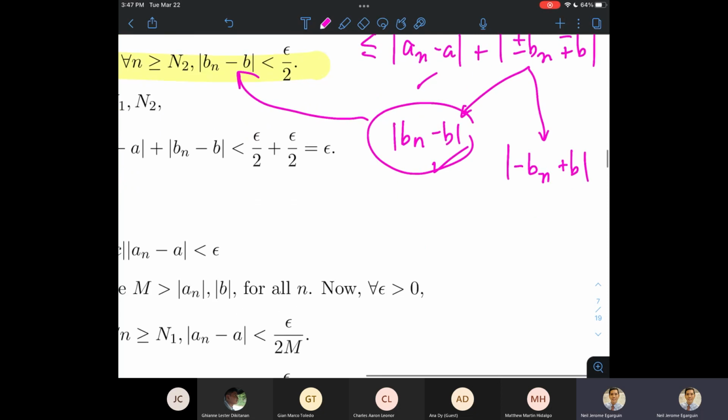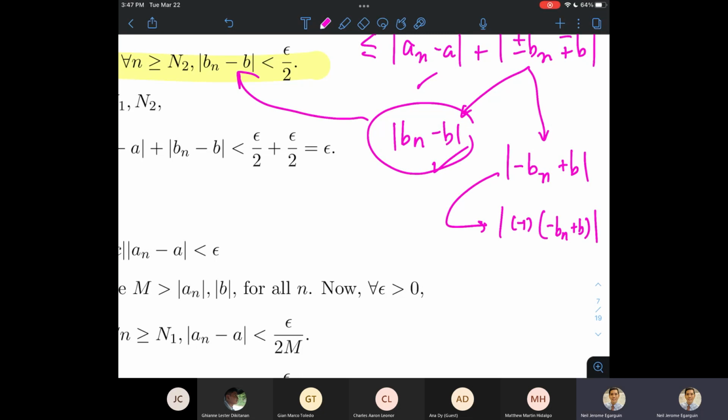So that's fine. Pero dito, para masulat siya na kamukha nung nasa inequality, pwede ako mag-multiply ng negative 1 sa loob ng absolute value. Kasi ang absolute value ng negative 1 ay 1, tapos ang absolute value ng product ay product ng absolute values. So, pwede ko siyang gawin sa loob ng absolute value.